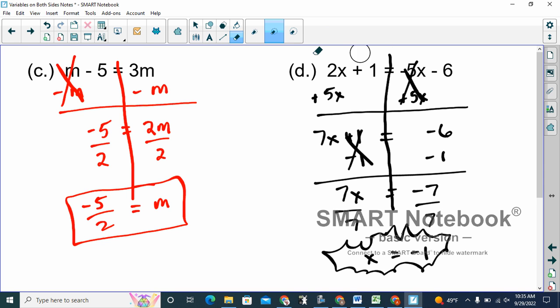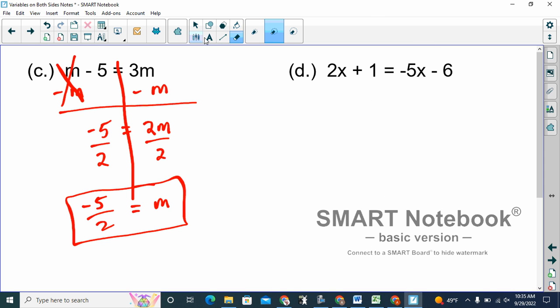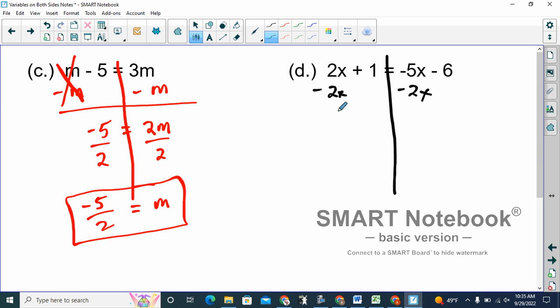I'm going to complete this problem a second time. I'm going to do it rather quickly here, but I do want to show you, I moved that negative 5x over. I want to show you if I move the 2x over that I do get the same answer. So notice here, if I had subtracted 2x from both sides, my work's going to look a little different. Those cancel.